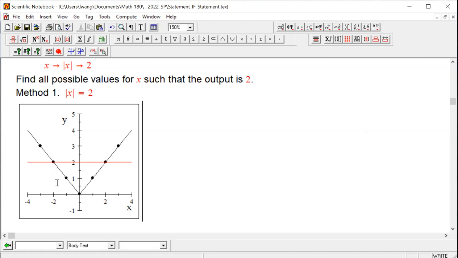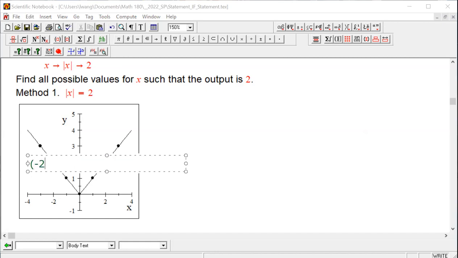One of the points tells me the input is -2, the output is 2. The other point tells me when the input is 2, the output is 2. Therefore, we have 2 solutions, 2 values for X such that the output is 2.